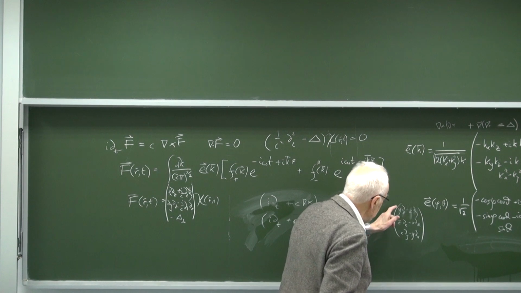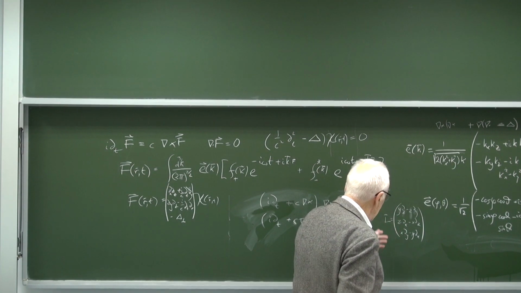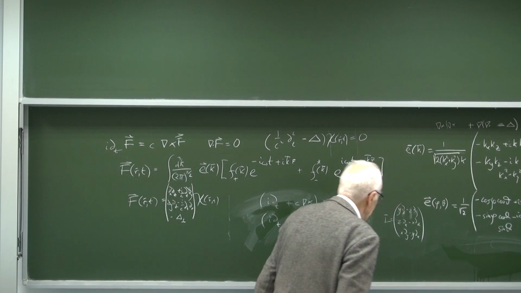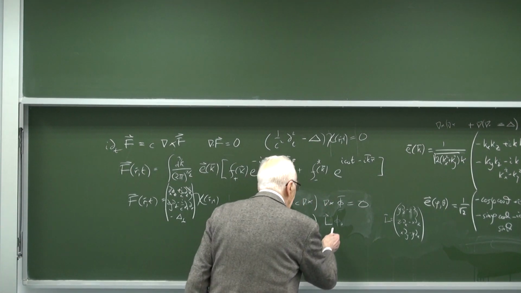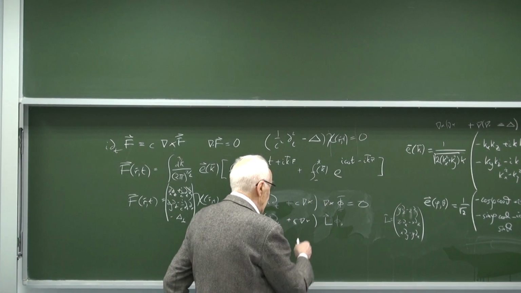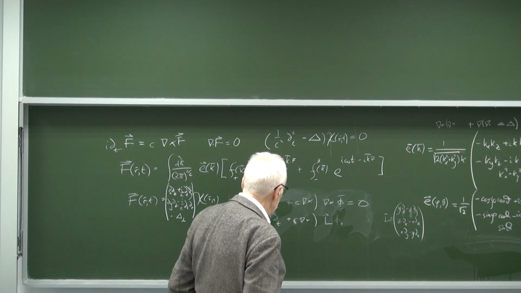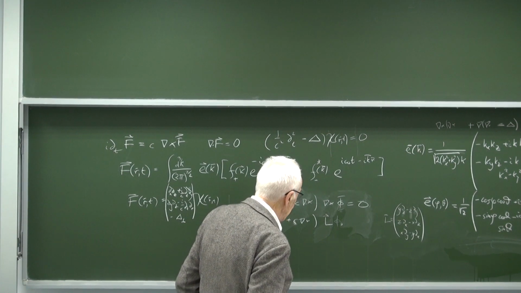However, the divergence of this vector is 0 because L is R cross nabla, so the divergence is again 0. And why are these solutions of the equations interesting?